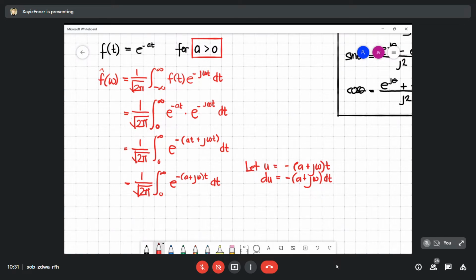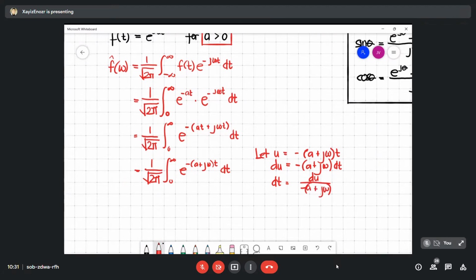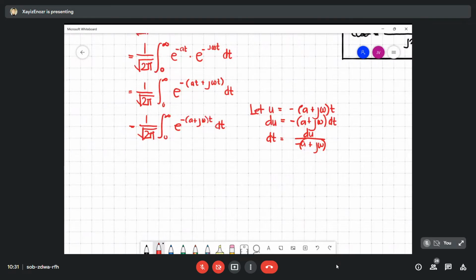Therefore, our dt is du over negative (a plus j omega). And let's substitute.